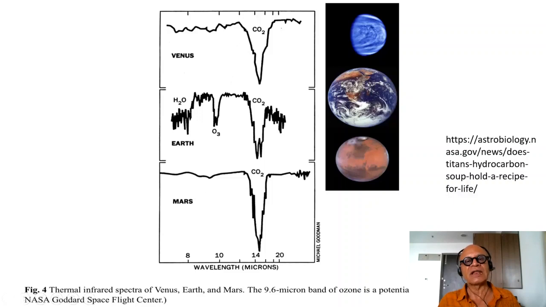So the climate regulation or the thermostat is lost. So it has infrared spectra of Venus in CO2 alone, which explains its temperature of 460 degrees centigrade on the surface. So the carbon cycle is very important there as well.